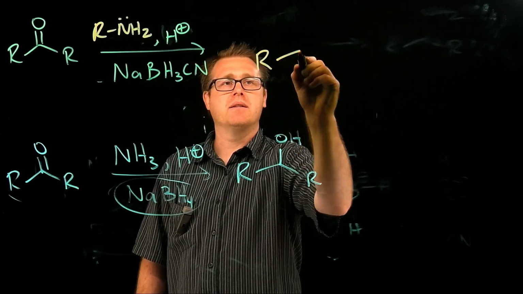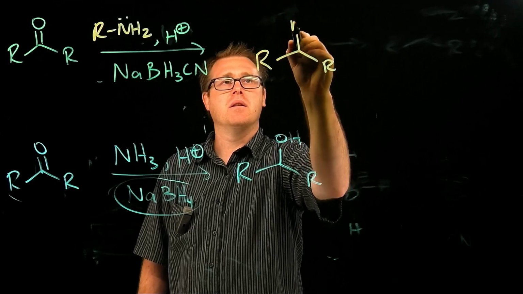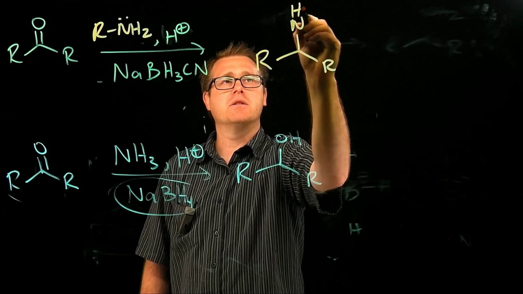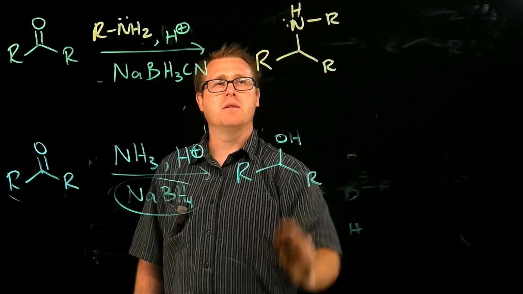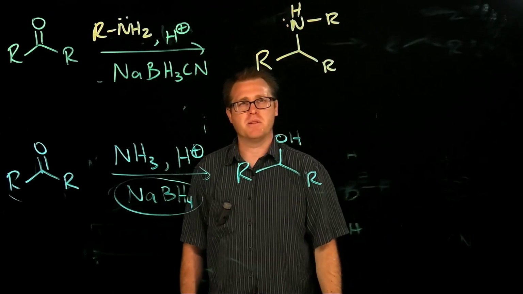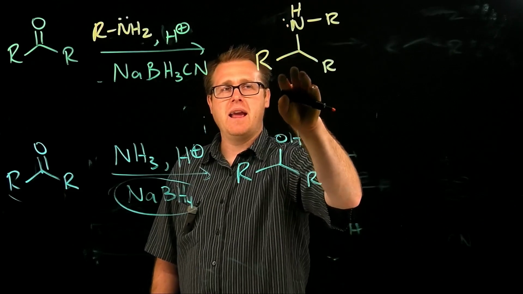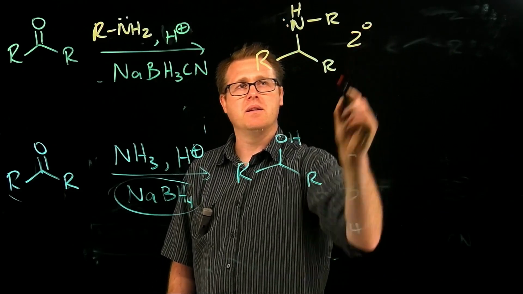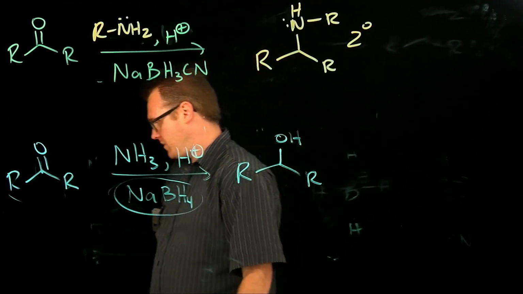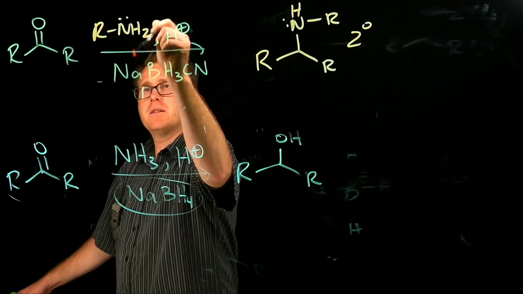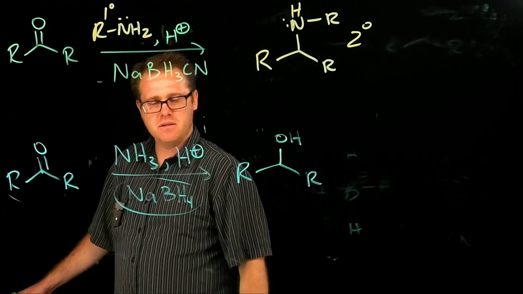We would get, and then an H and an R. I'm not drawing the geometry very well, but we generate a secondary amine right there. Okay. So we start with what? A primary amine.